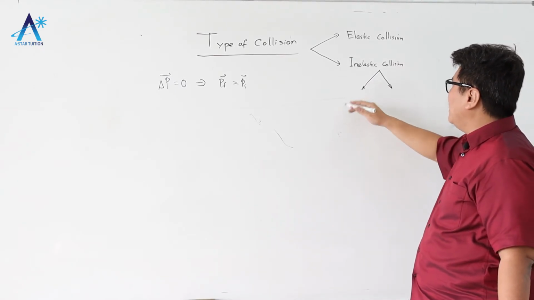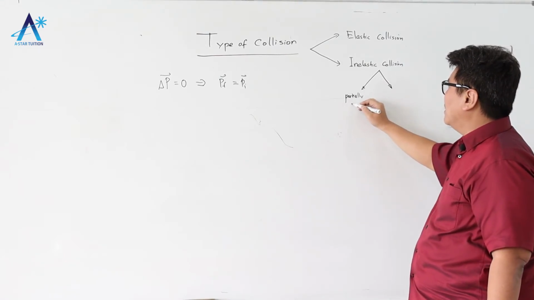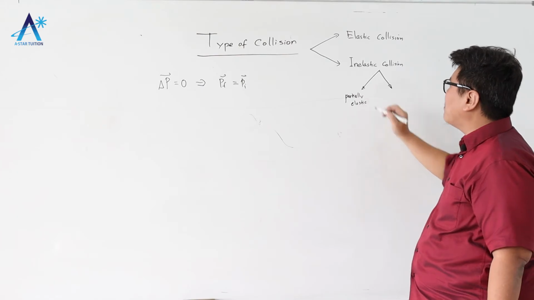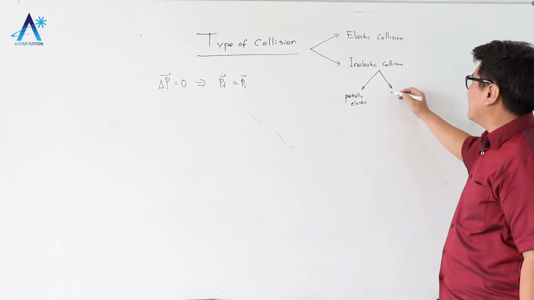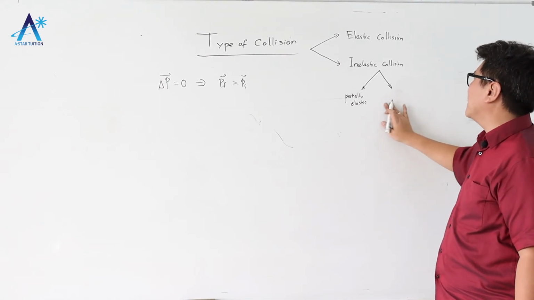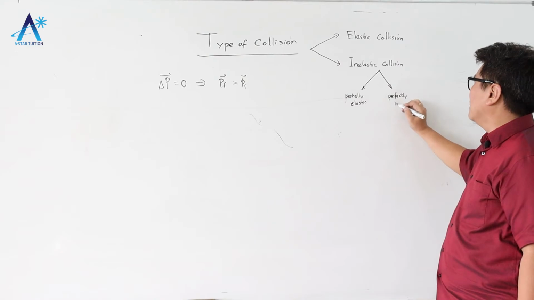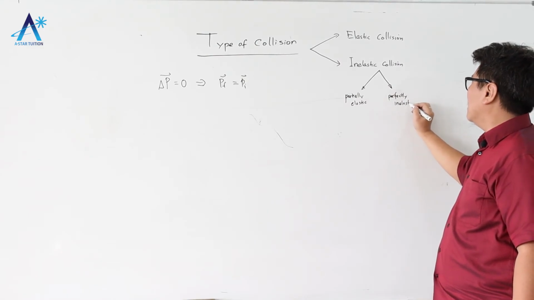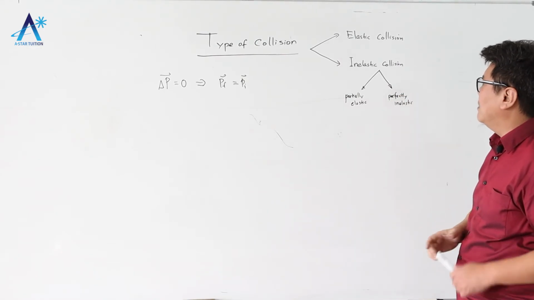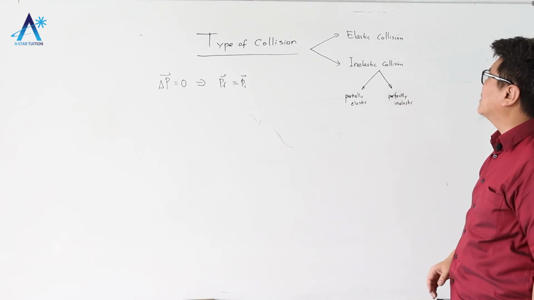The first is inelastic but still partially elastic. And the second one is completely or perfectly inelastic. Again, inelastic means it could be partially elastic or perfectly inelastic.